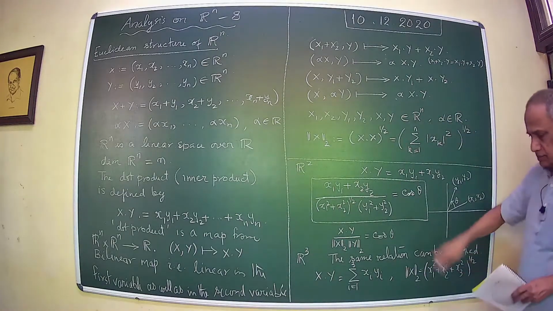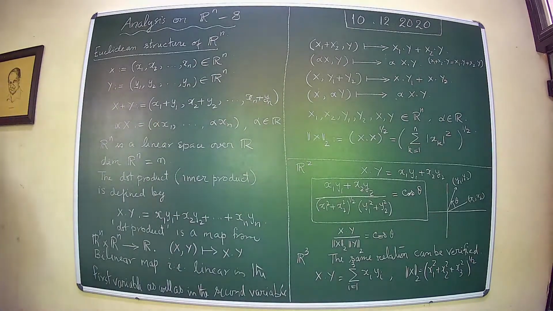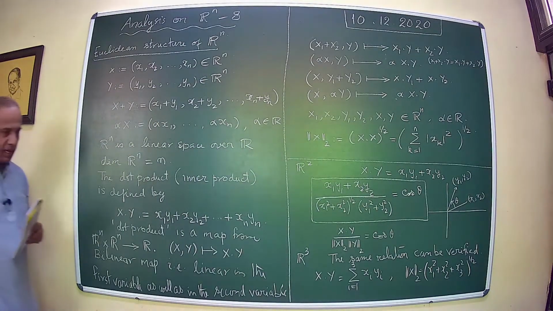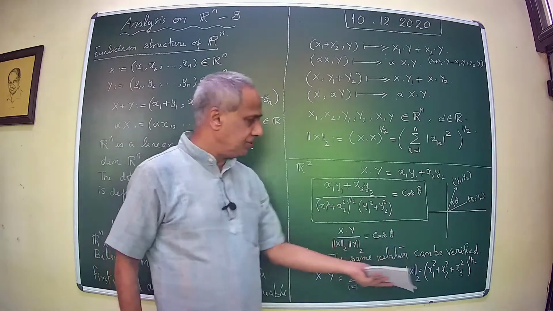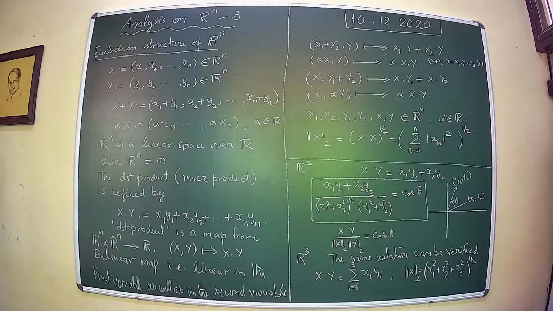These are all straightforward from the Cartesian coordinate representation, and applying Pythagoras theorem you get this length of the vector.